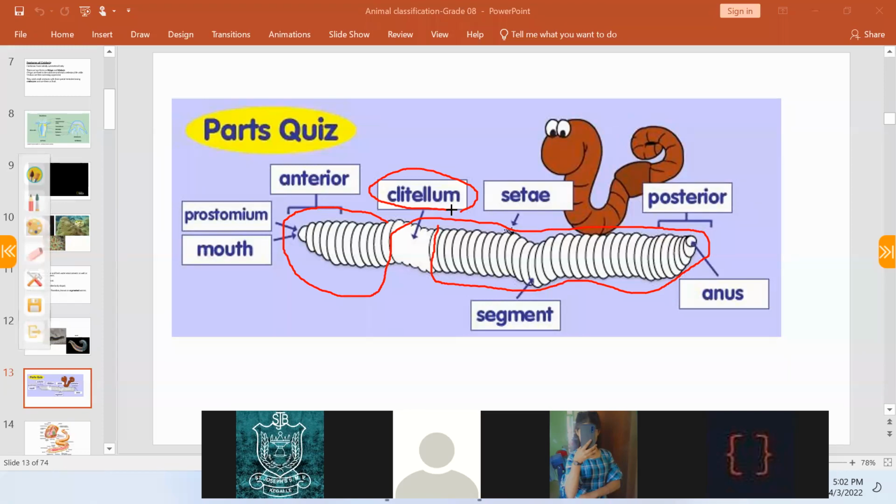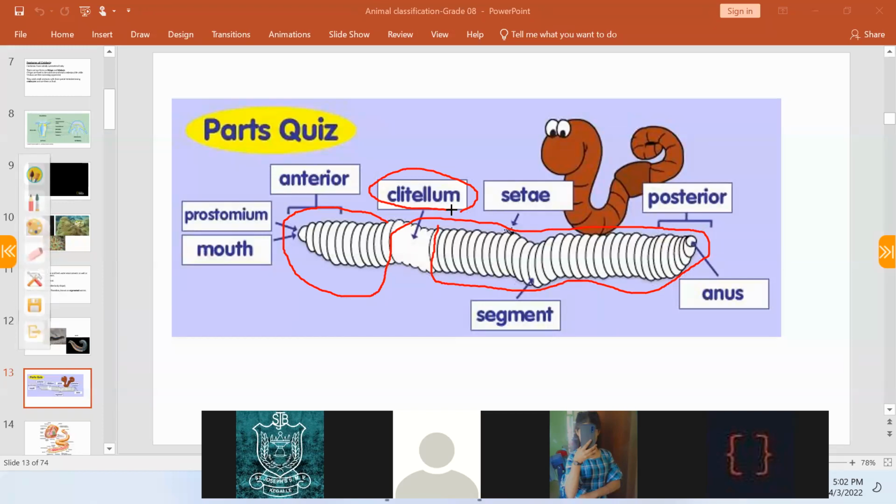Bisexual animals. Okay. Inside their body, there is a cavity. This cavity is filled with fluid. It helps them for locomotion. They have zigzag motion like this. It is called hydrostatic skeleton.